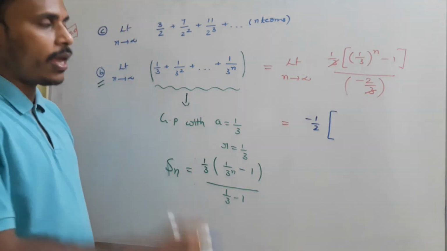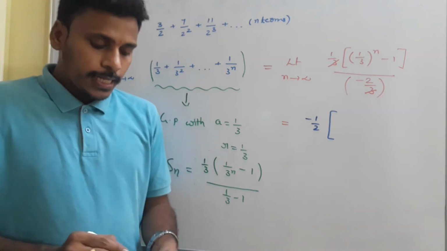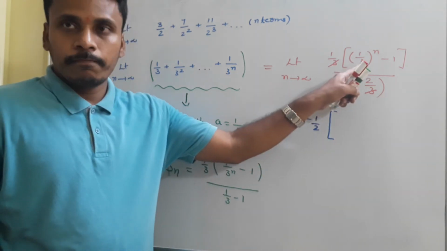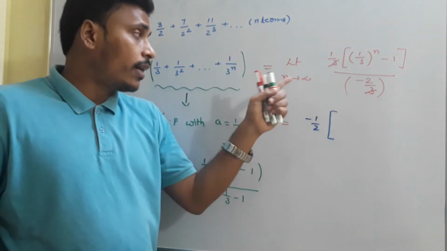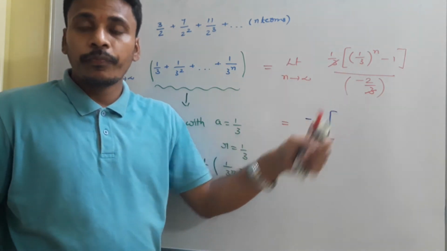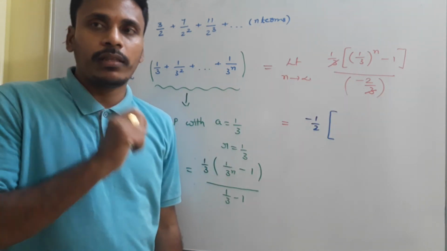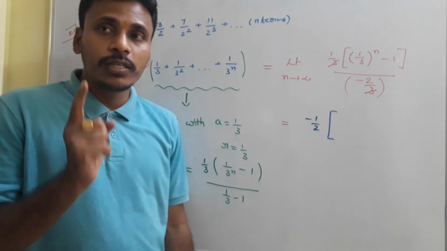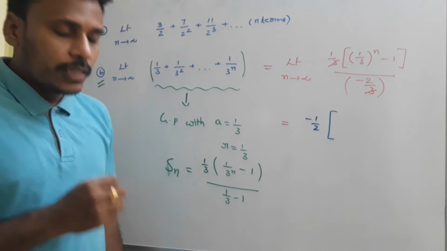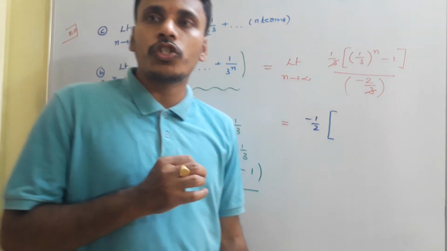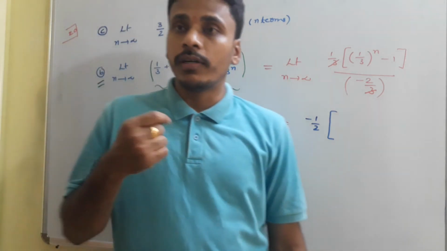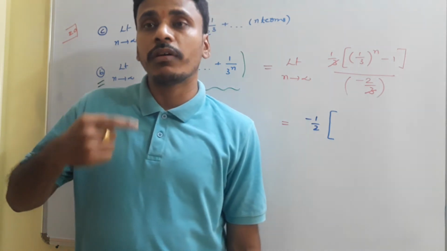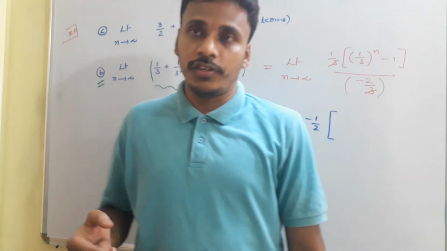There you need to pay your attention, okay? See, 1 by 3 is a number and its power n. That n is tending to infinity. See, when you think about 1 by 3, 1 by 3 is a decimal value whose value is in between 0 and 1. Take any value which is in between 0 and 1, raise its power, and as you raise the power, the value goes on decreasing. Okay?